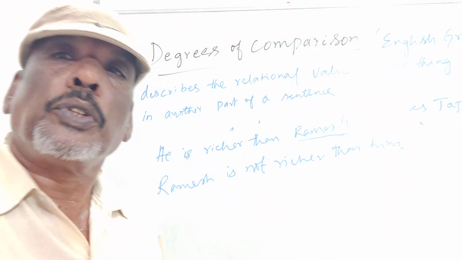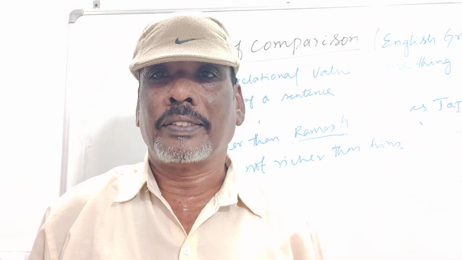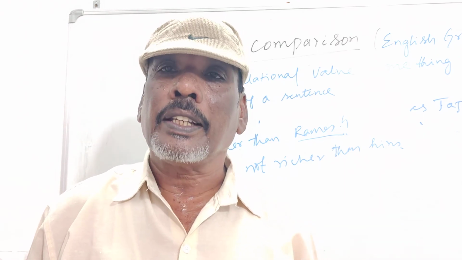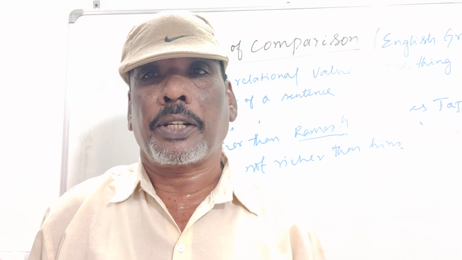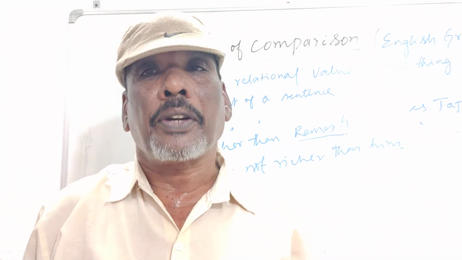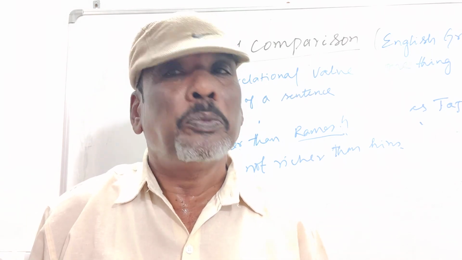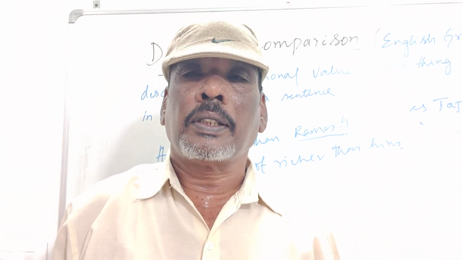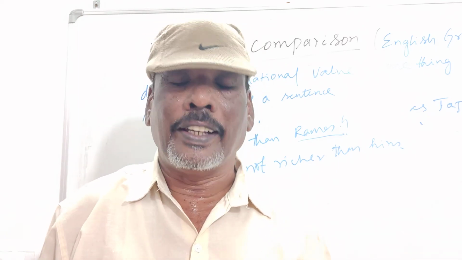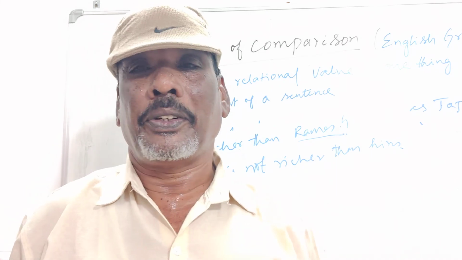So this is how you have to transform, you have to change the degrees. You can change positive degree into comparative degree and superlative degree. You can change superlative degree into comparative degree and positive degree. That's very, very important. First of all, you must know the three degrees: positive degree, comparative degree, and superlative degree.